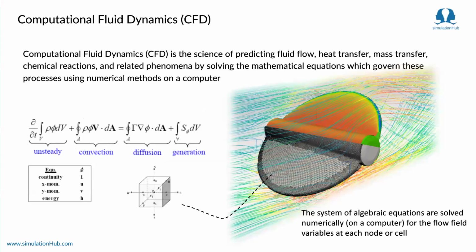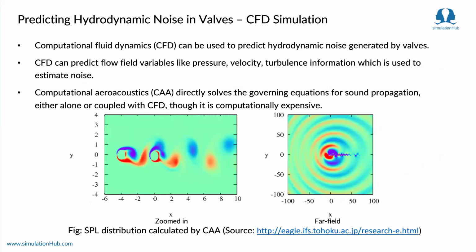How we do it is we divide the domain of interest into small volumes, which are called finite volumes. Then we integrate the governing differential equations over these volumes and get the parameters of interest. It could be flow rate, it could be pressure drop, it could be various other things, as we'll see in the further slides.